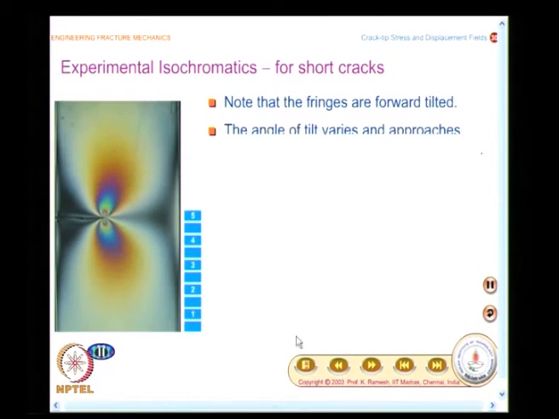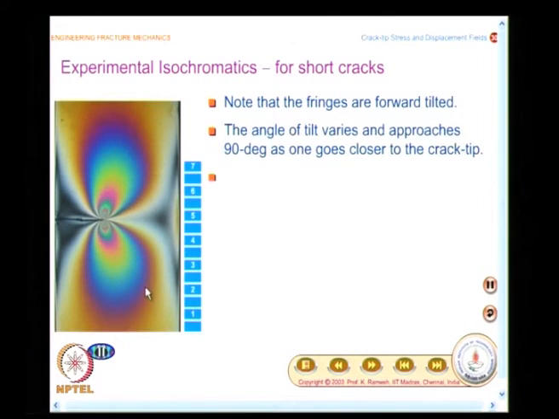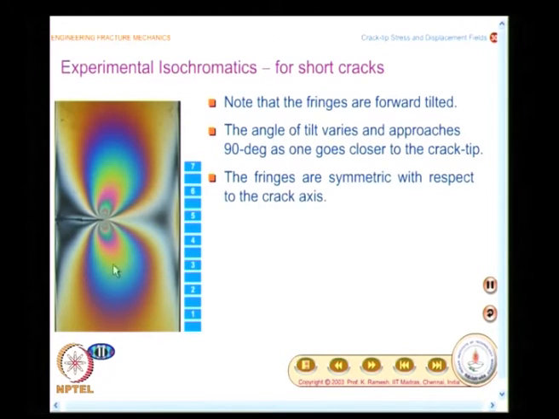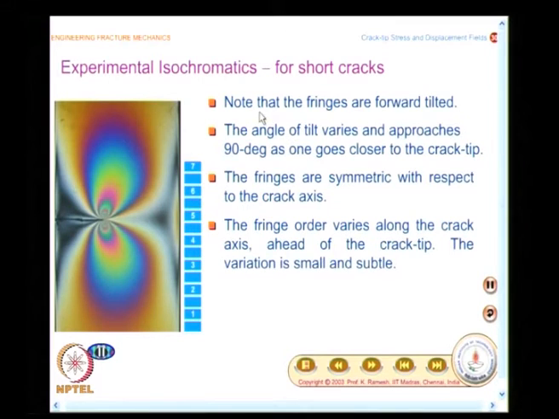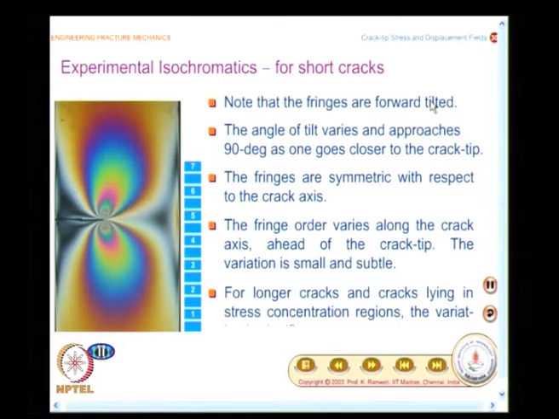These experimental fringe patterns we have seen earlier, and what are the features that we have noted? First observation is that the fringes are forward tilted. The second observation is subtle, you have to view it properly.